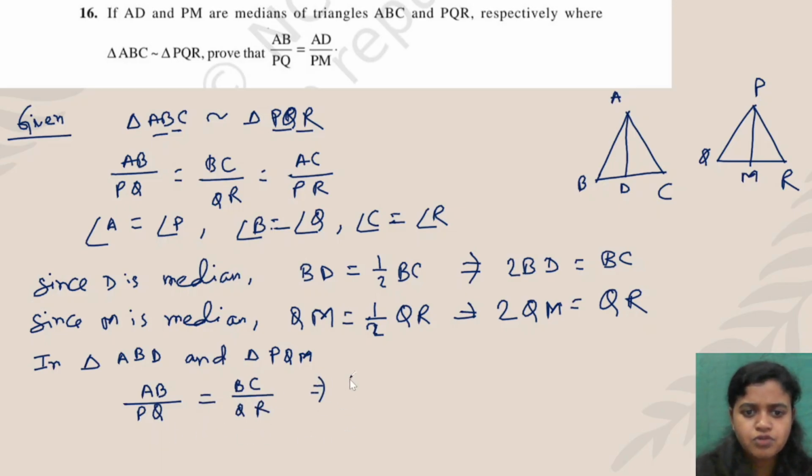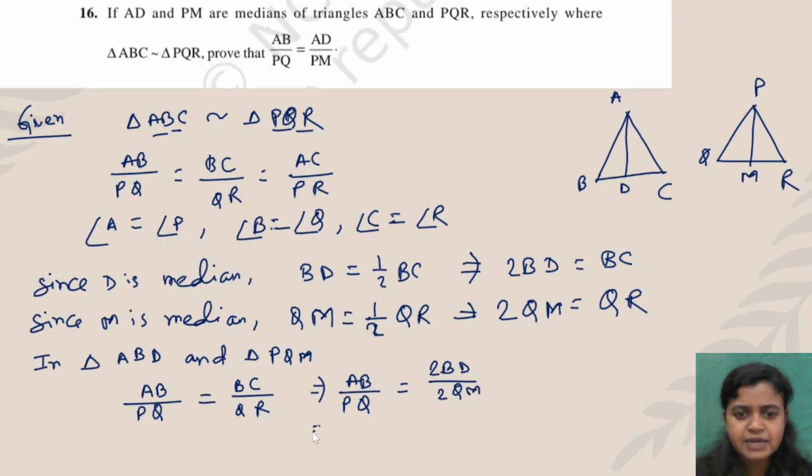So from here you can write AB by PQ equals BC by QR, and BC means 2BD, so you can put 2BD by 2QM. That means we got AB by PQ equals BD by QM.